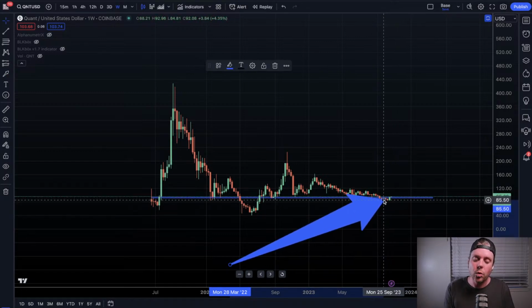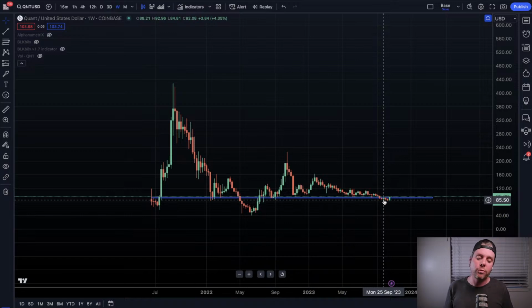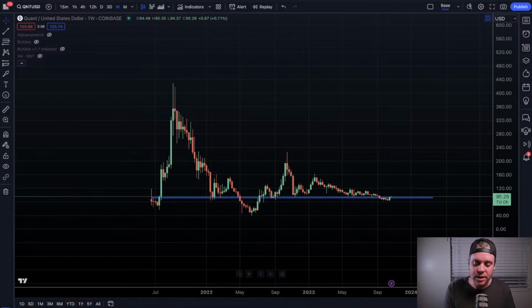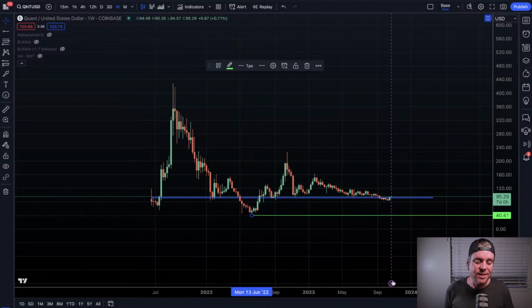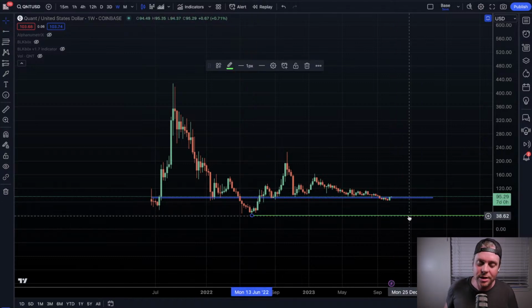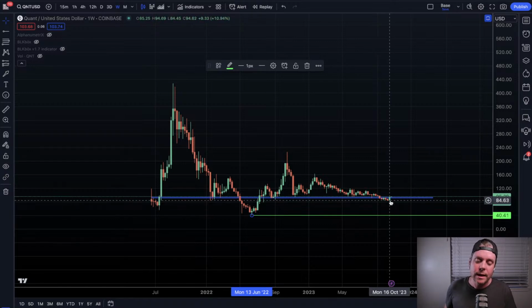So I think Quant will be one to watch out for a rejection. If we did get a rejection, then there's absolutely the possibility that we come back down to say $40 range and maybe trade sideways a little bit more. But it's at an awkward point right now. It needs to get back on top of this support.